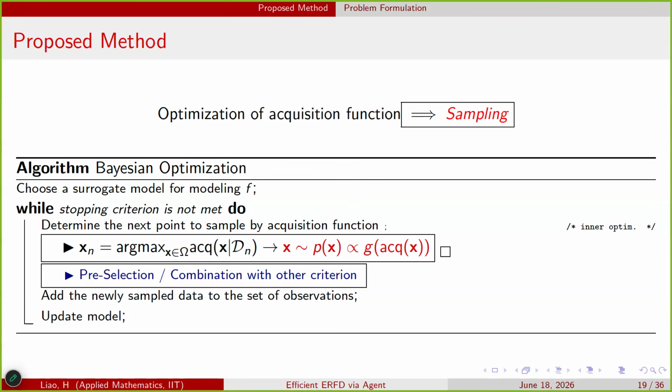So this gives us some kind of design, or you can consider the energy-based modeling. Instead of doing a direct optimization, we are considering the energy function as part of the exponential of the energy function and doing some sampling design. Yes.